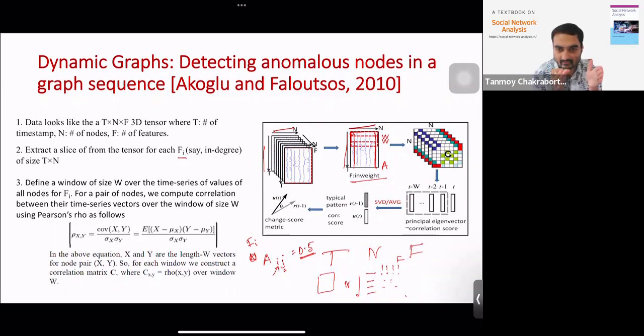At every local interval, what is happening? That is the task. We are interested in what is happening within a particular local interval.